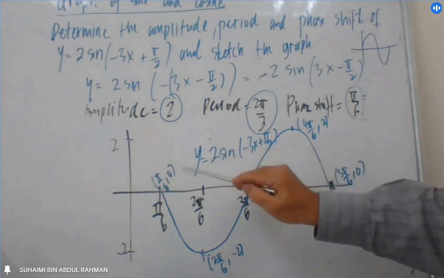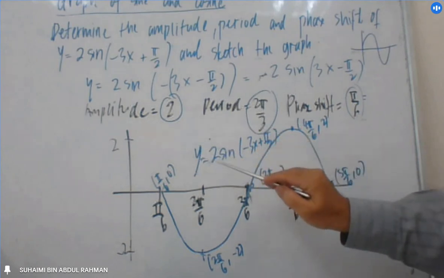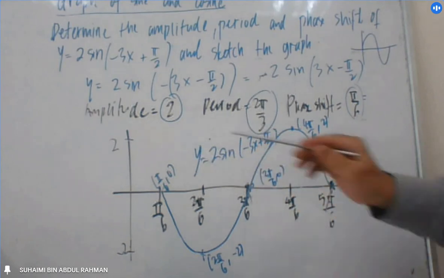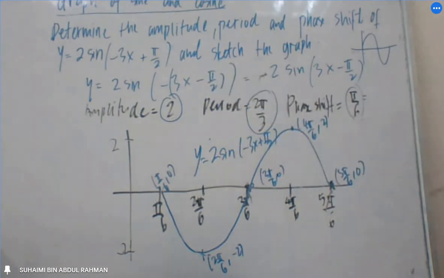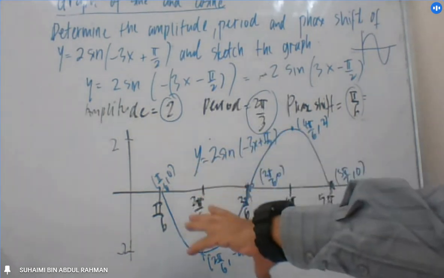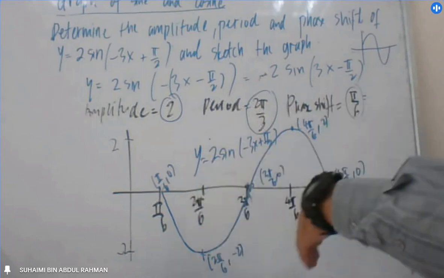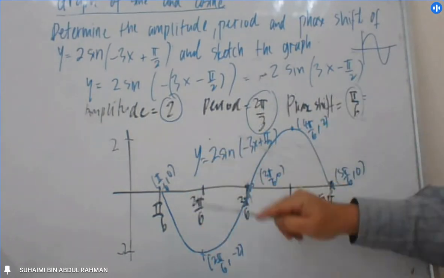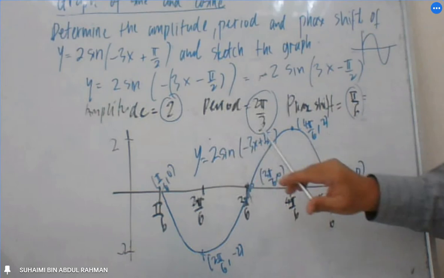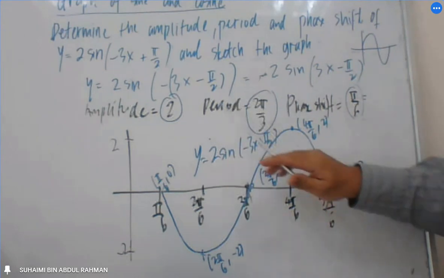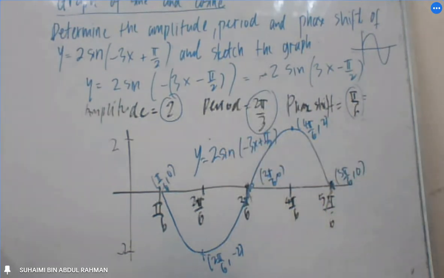This is the graph of y equal to 2 sine of minus 3x plus pi over 2, the original. That's the shape of the graph. We can sketch this graph after we get the values of all those three.